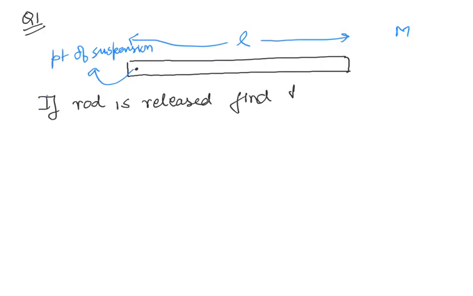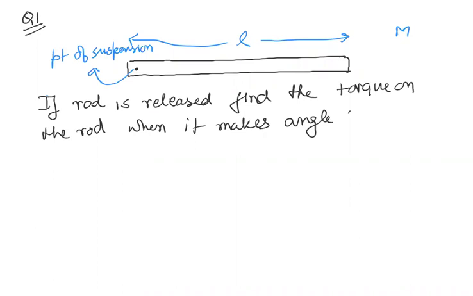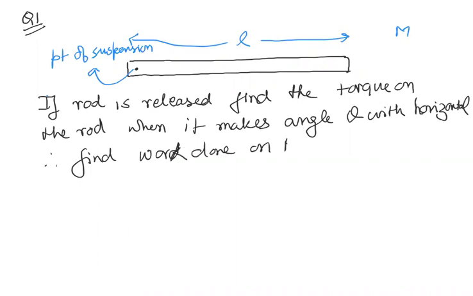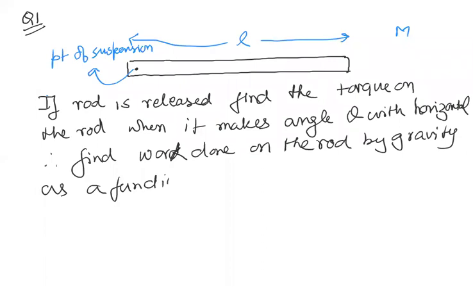Find the torque on the rod when it makes angle theta with horizontal. Therefore, find work done on the rod by gravity as a function of theta.